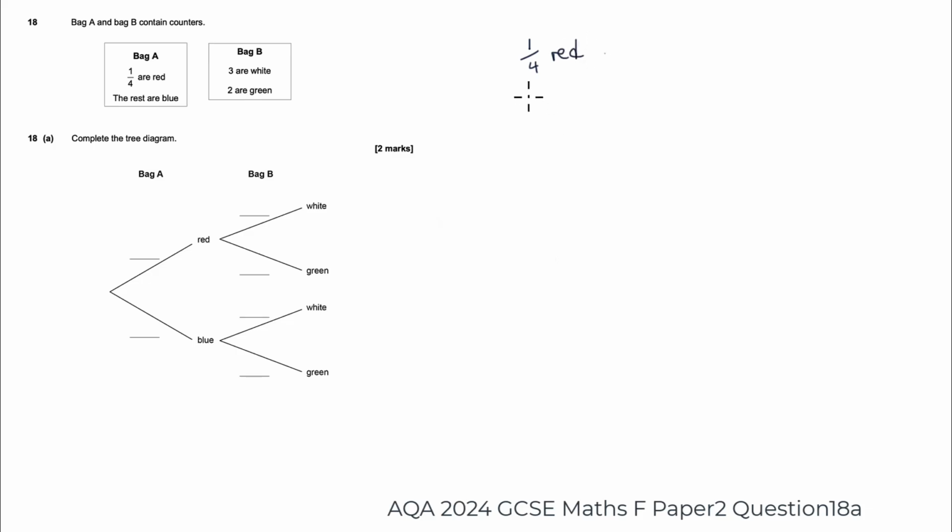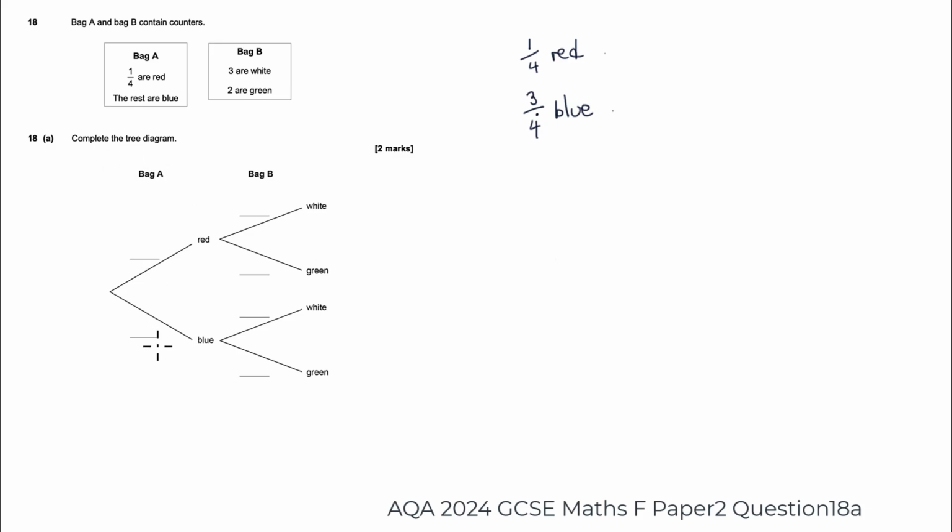Well, that would mean 3/4 of them are blue. 3/4 and 1/4 make up the whole bag of counters. One bag. 1/4 plus 3/4 is 4/4. That's 1.